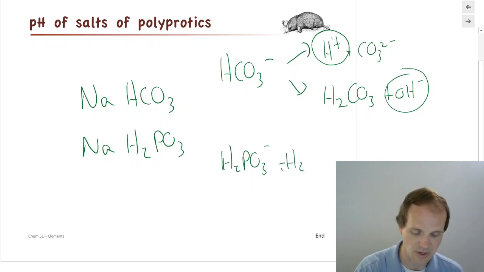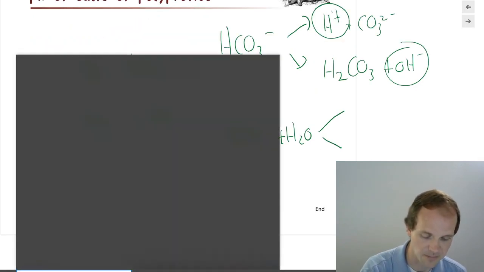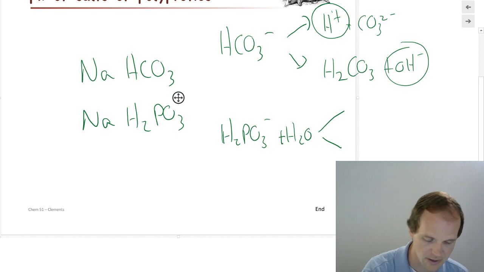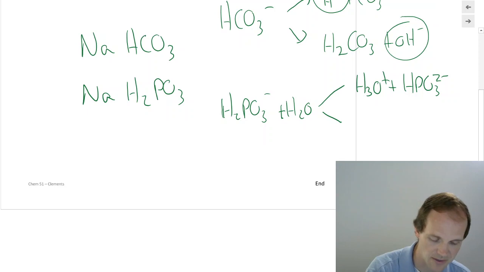Let me actually put the water explicitly in this one. So H2PO3- could react with water and form H3O+ and HPO3 2-, giving away an H+, or it could form H3PO3 and hydroxide.